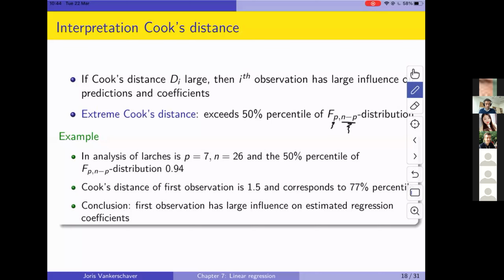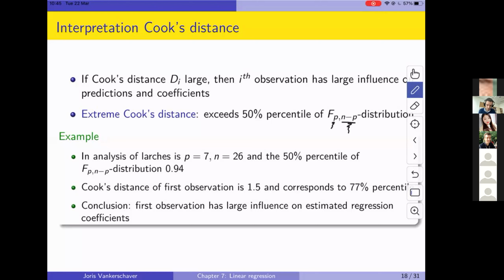But what we can do is use it to say, what do we consider to be a large value of Cook's distance? Well, if it surpasses the 50% percentile of the F distribution, then we say, oh, hey, this is a point that you should be looking at.